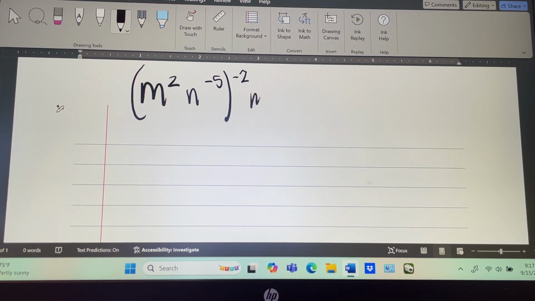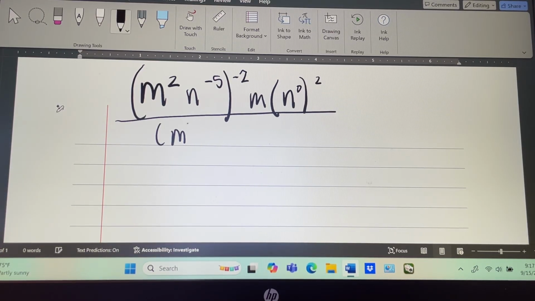Then we have m, and in parentheses we have n to the 0 power squared over, in parentheses we have m squared n to the negative 2 power, and all of that is raised to the negative 3rd power, and then we have m squared. And I'm probably going to run out of room really quickly here, but we'll see what we can do.